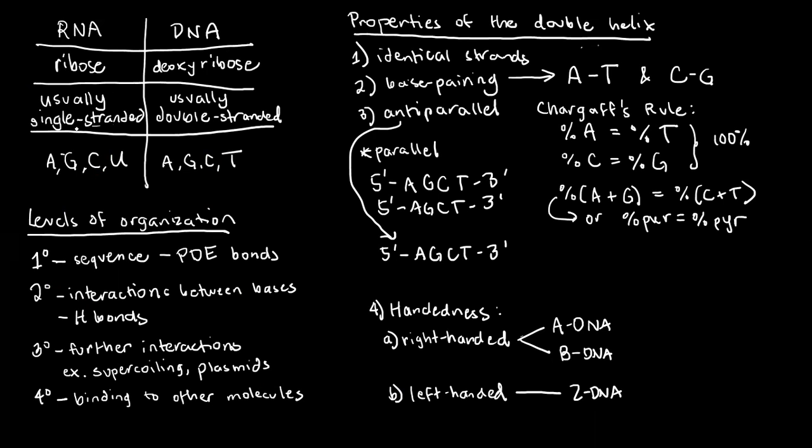And as far as the bases are concerned, RNA uses the bases adenine, guanine, cytosine, and uracil. For DNA, we have actually almost the same, except that RNA's uracil has been replaced with thymine. And we could kind of say that uracil and thymine are mutually exclusive.